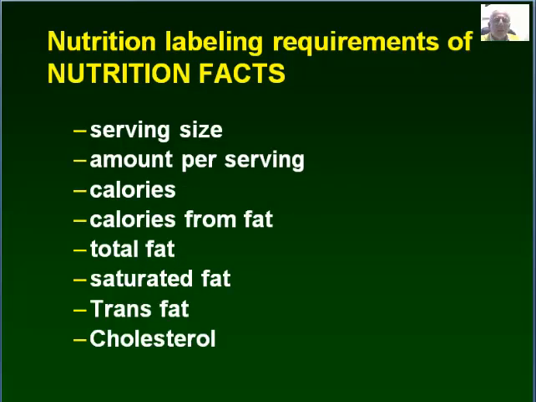For the nutrition facts, as we look at them for food products that we're buying in the supermarket, we're required to have a serving size, amount per serving, calories, calories from fat, total fat, saturated fat, trans fat, cholesterol.